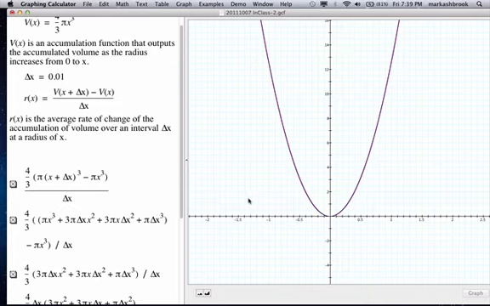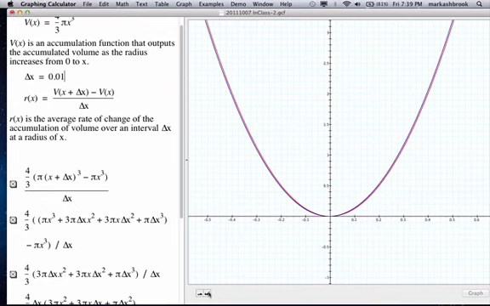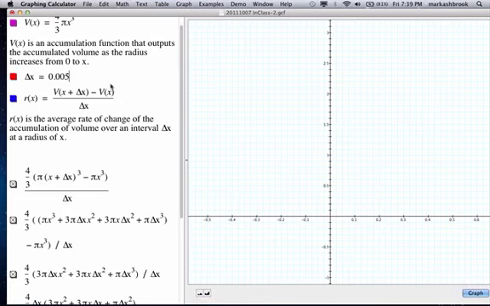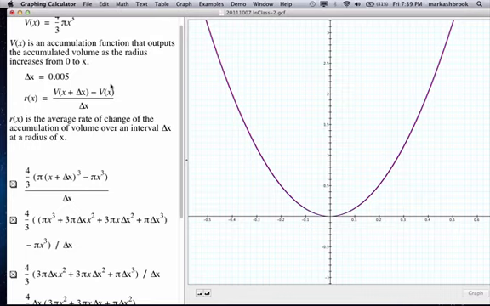Okay, so now we're getting in the ballpark of almost coinciding, but you can still see, especially if you zoom in, you can still see this difference. So let's try 0.005. And we're almost there. You can still see that there's a little bit of a distinction between the red and the blue graph.